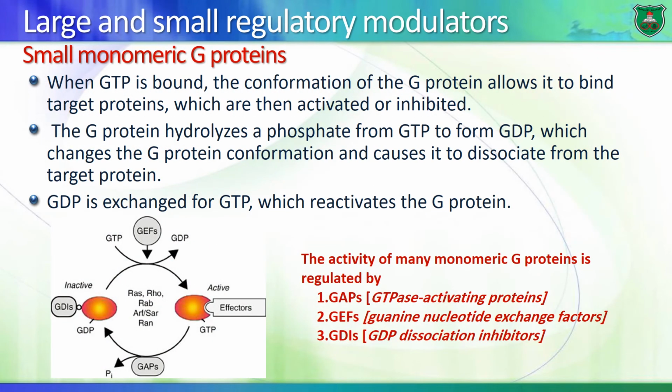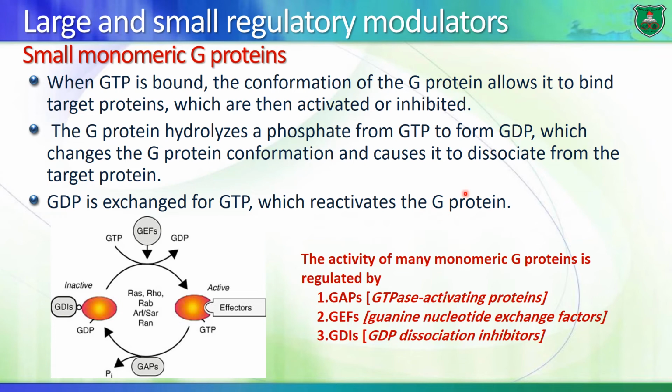So there are other molecules like these large trimeric G proteins, and these are known as small monomeric G proteins because they are composed of a single polypeptide chain. So they do not have a quaternary structure.